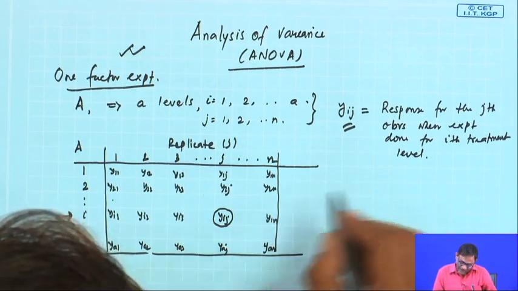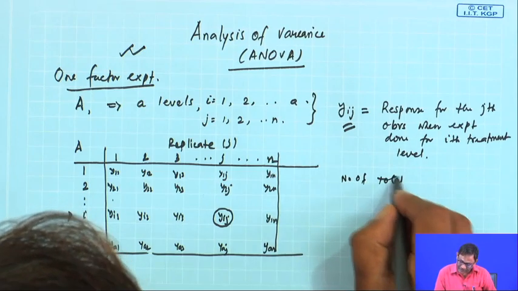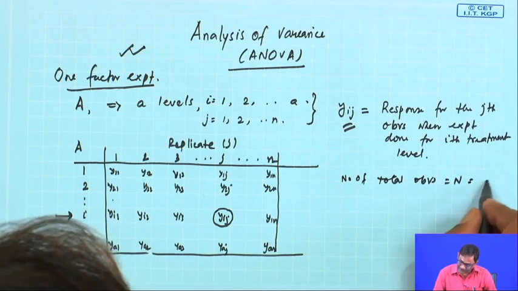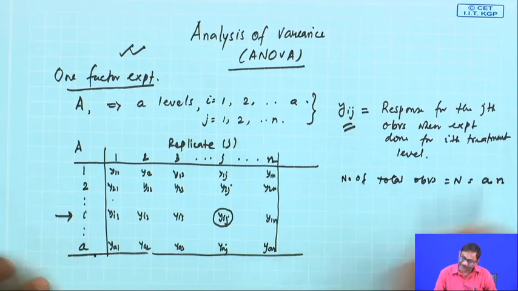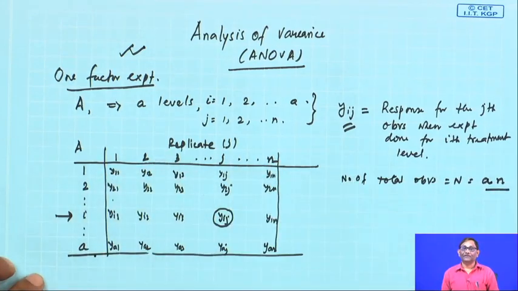So the total number of observations, if I call it N, is a levels times n.